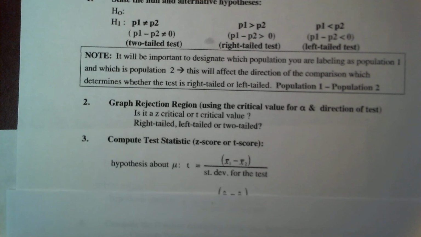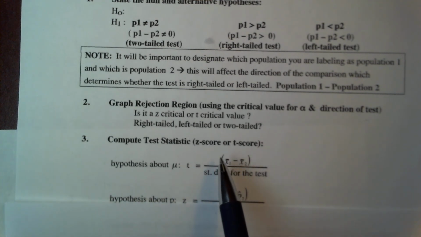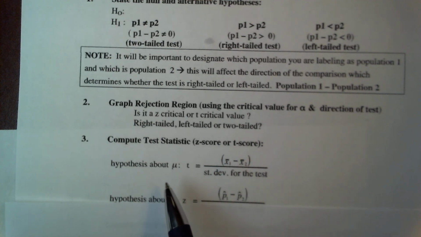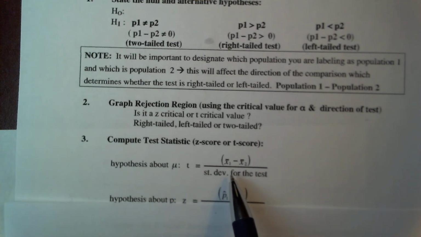And step 3 would be to compute the test statistic. If it's a z-score or a t-score, so if it's a hypothesis about the mean, we use a t-score. And so here it's the difference in population means divided by the standard deviation for the test. And we specify that in a little bit.